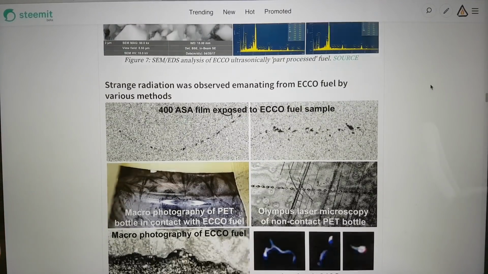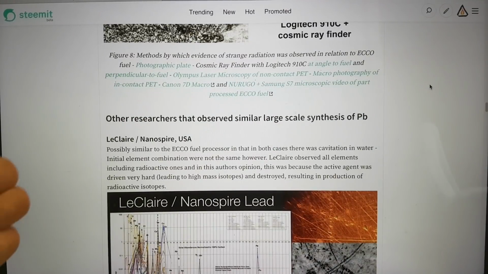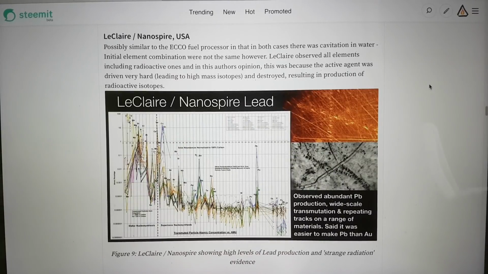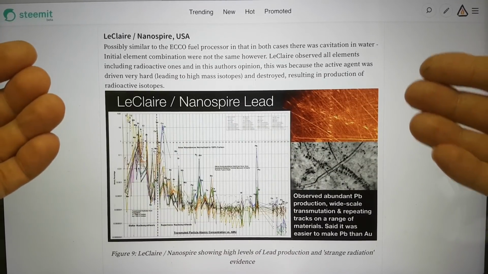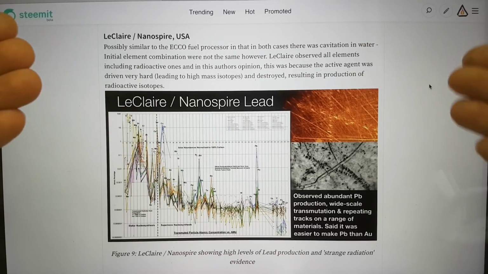Well, I've hinted at a few over the course of the last year, and one of the first ones which I'll bring up is that of the work of LeClair et al. at Nanospire in the USA. He was using cavitation, and I don't know exactly if it was exactly the same.